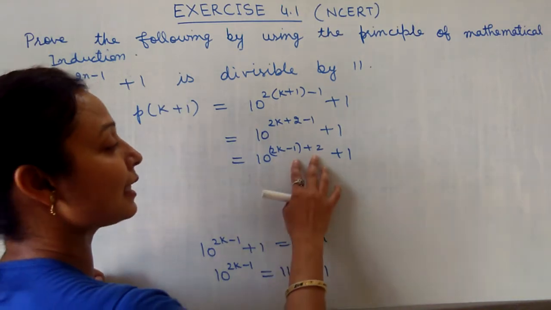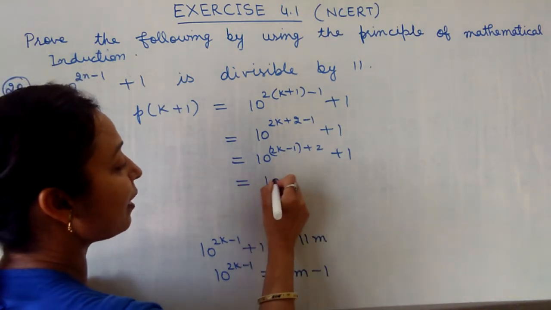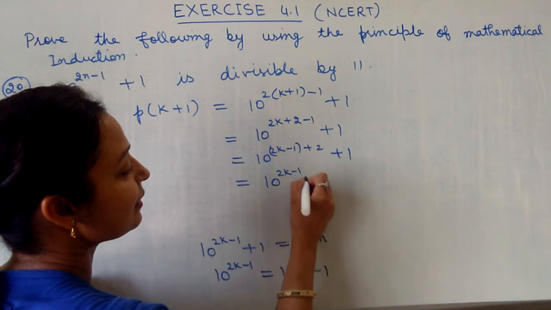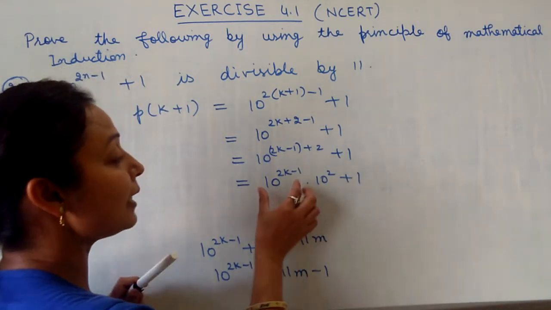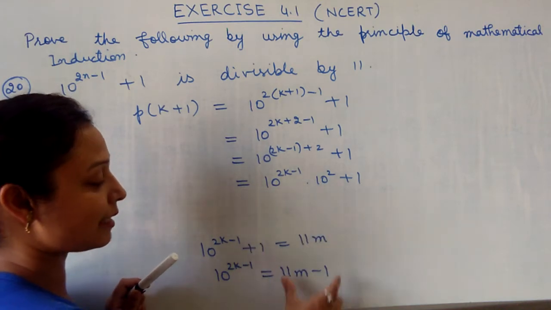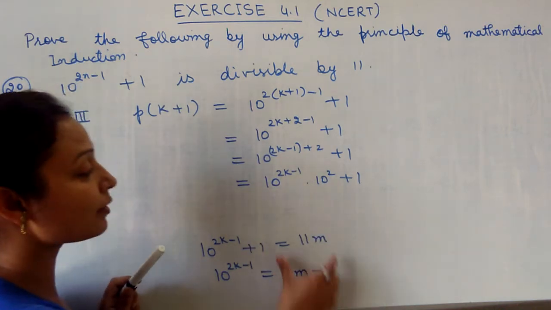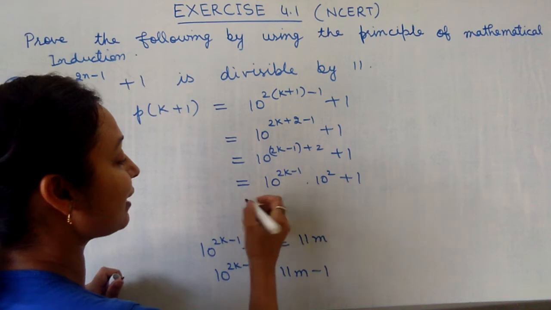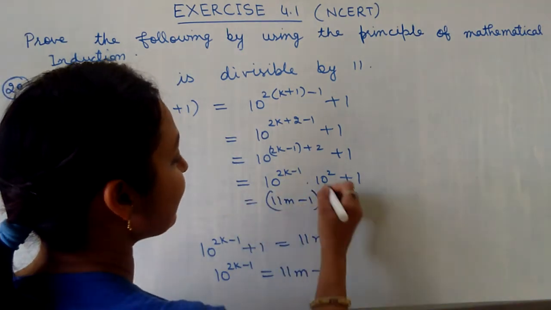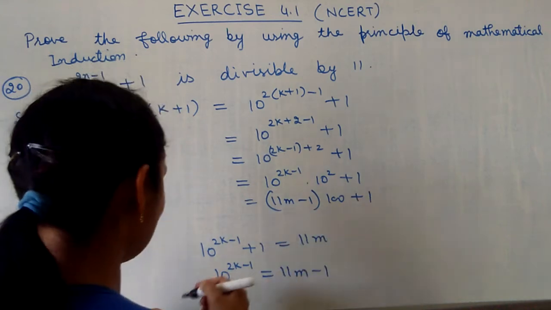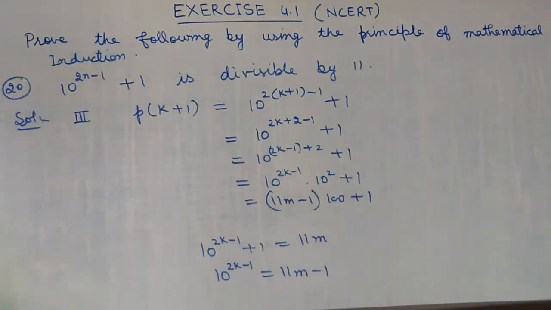When the bases are the same, we can add the powers like this: 10 raised to 2k minus 1 times 10 squared plus 1. Okay, now I have this value in the second step, that is here. I will put this value in this place. When I put this value, we have 11m minus 1, and here 100 is there, plus 1.